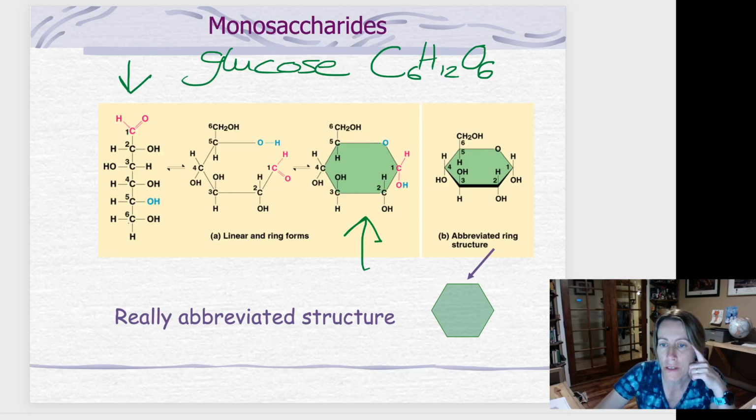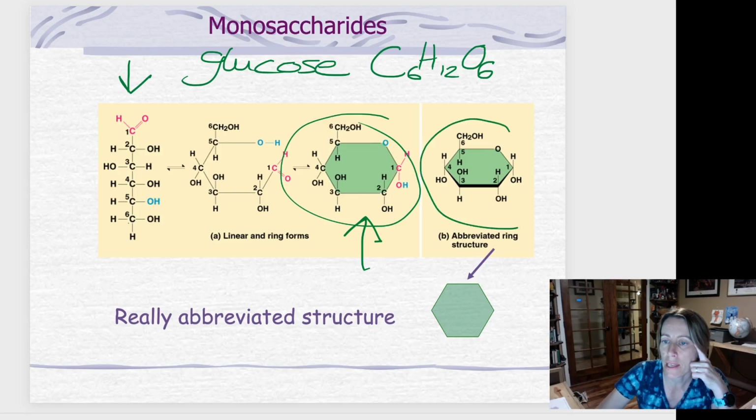A couple things to note. This is the full structure drawn out here. Here it is abbreviated, and when I say abbreviated, you can see that the C's are missing because we assume they're there because there are junctions between the lines. And the OHs, there should be a line between the O and the H. If you drew this out, it would be much bigger and more complicated.